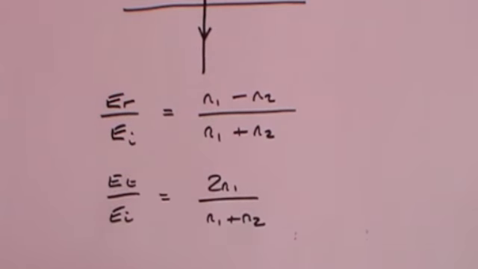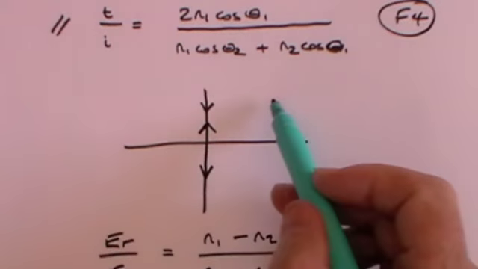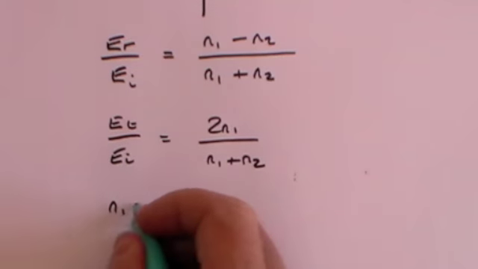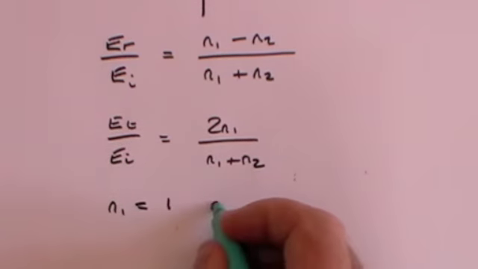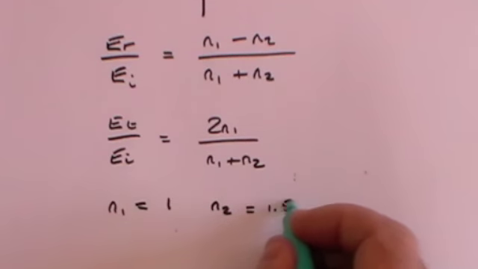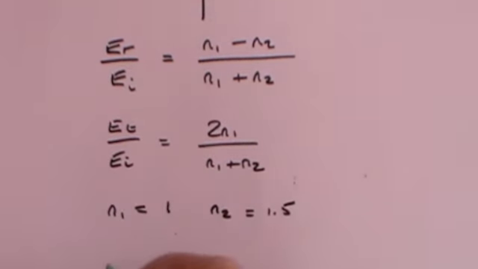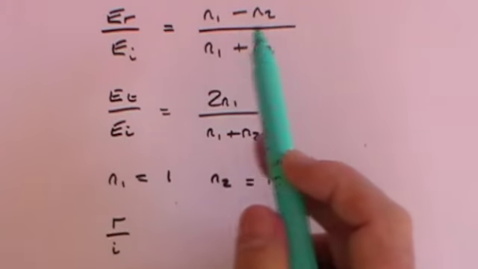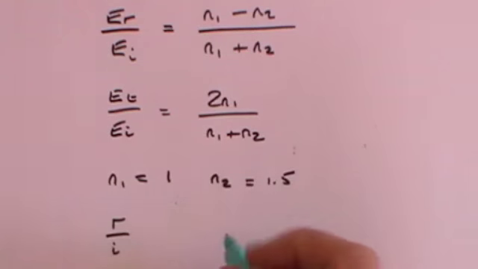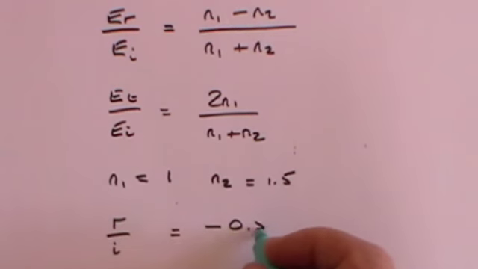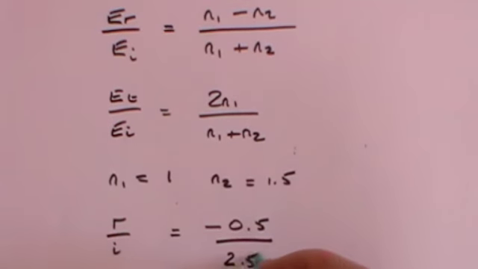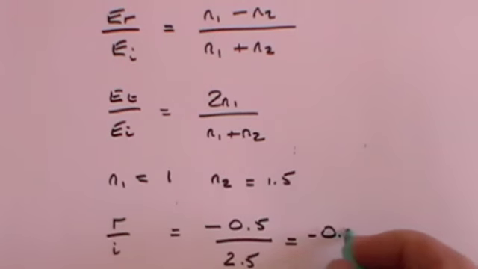Now let's consider we're going from air to glass. N1, which is for air, well that's 1, and N2 for glass is 1.5. Consequently, the reflected compared to the incident vector is going to be N1 minus N2, which is minus 0.5, divided by N1 plus N2, which is 2.5, which is equal to minus 0.2.